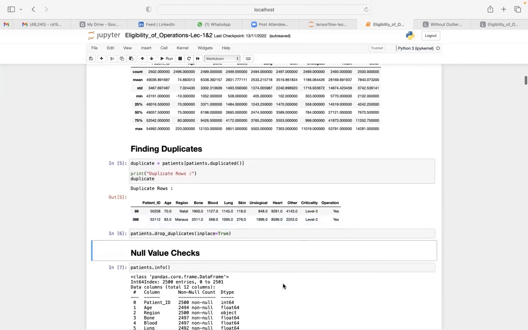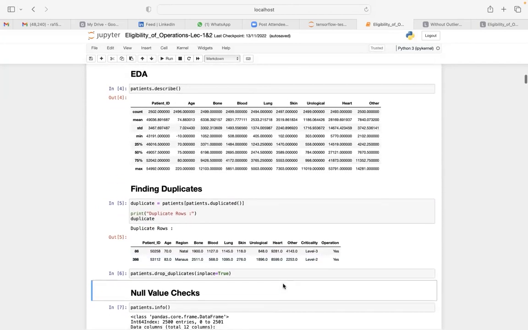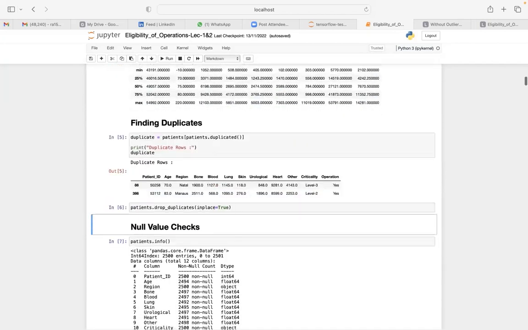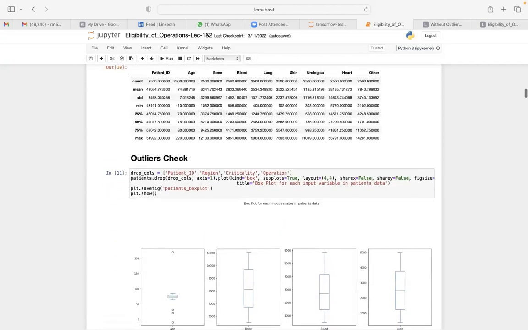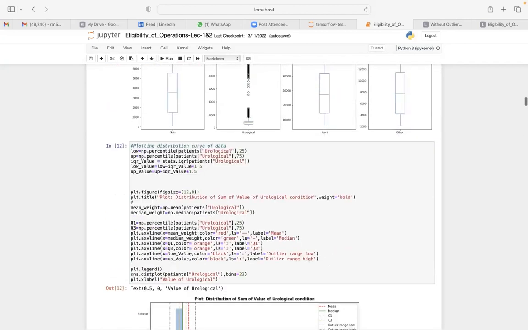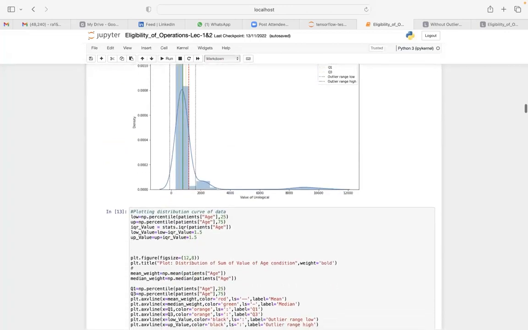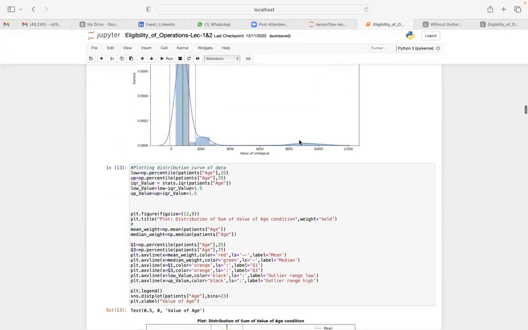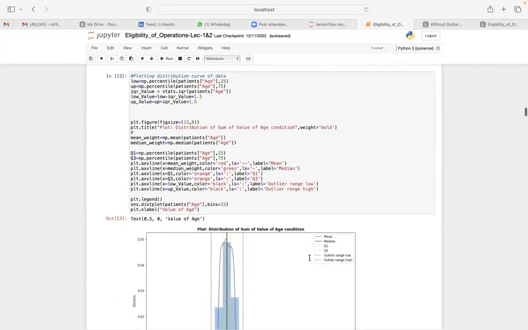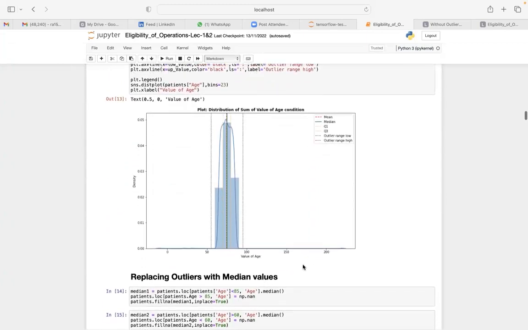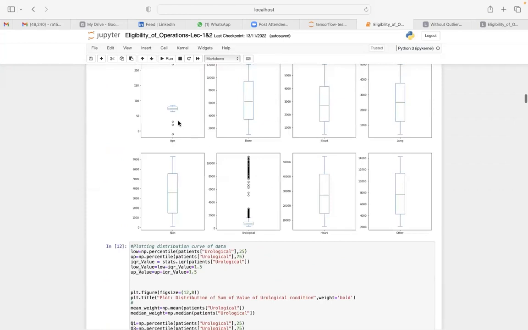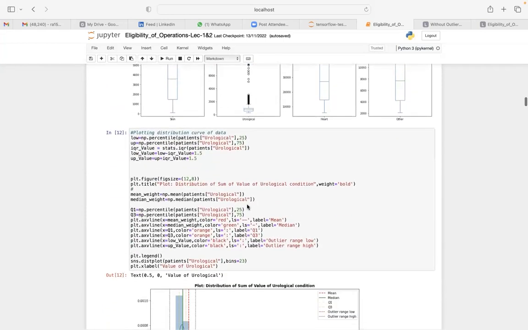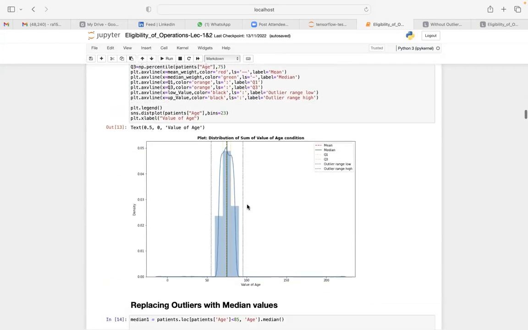So here we have discussed what we can do in terms of data. We did the EDA, we found duplicates, we did a null value check, we did some statistical checks, and we did the outliers check. Obviously, we saw a normal distribution curve. We found out that this might be following a pattern. Again, another normal distribution curve. Based on the box plot that we saw, both age and a virological column contain outliers.